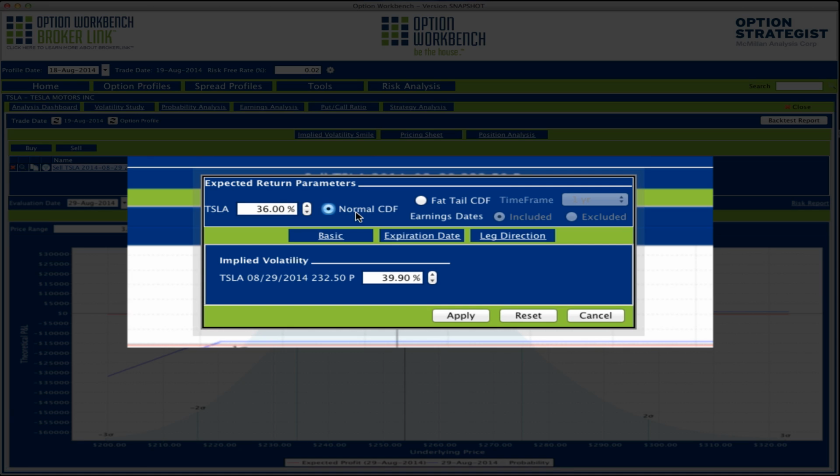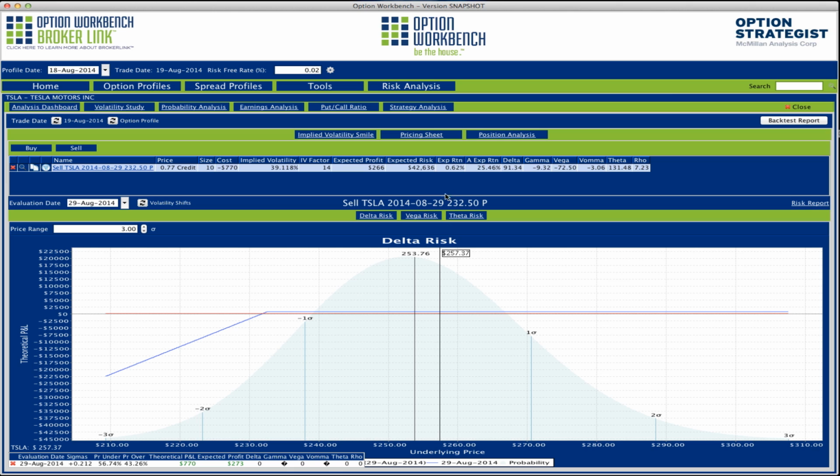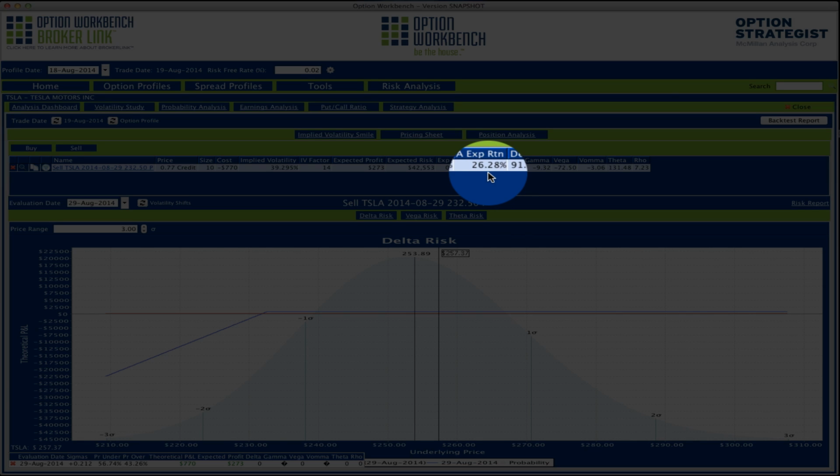Initially, it picked the log normal distribution, but since we looked at the probability density for the fat tail for 3 years excluding earnings, that's what I'm going to use for the expected return calculation. So I apply those, and now I've got a nice 26% annualized expected return on this naked put.